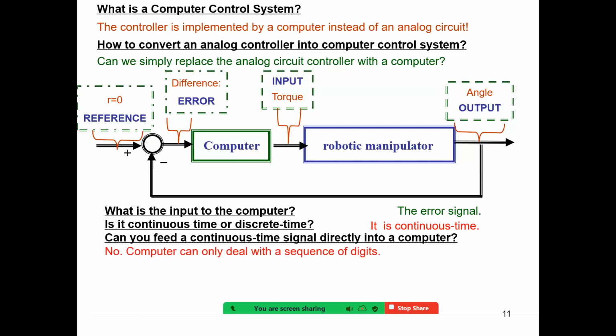We know that the computer, of course, we talk about the digital computer, for all the laptops, a digital computer only deals with a sequence of numbers. So we have a problem on this side. Now let's look at the other side. What is the output from the computer program?